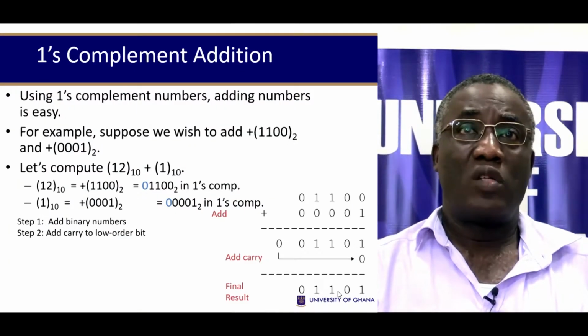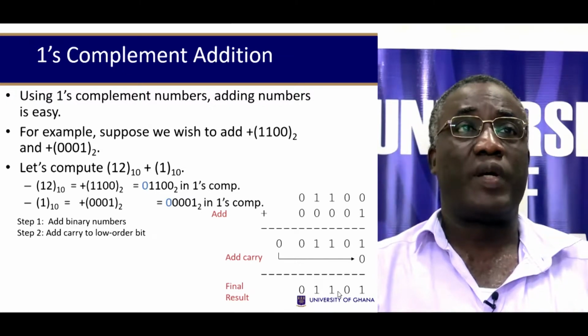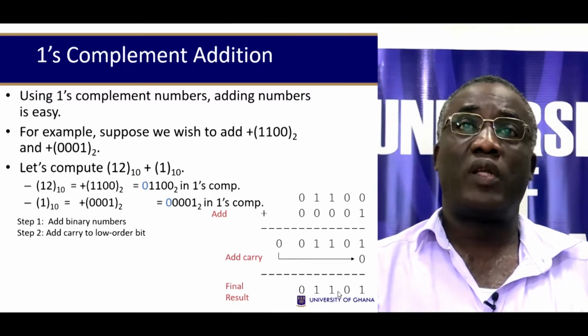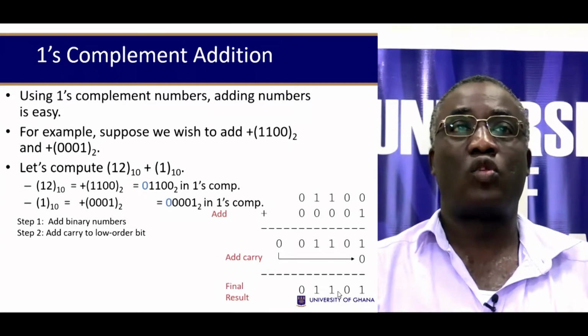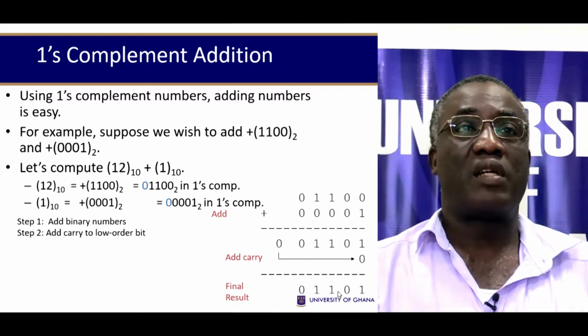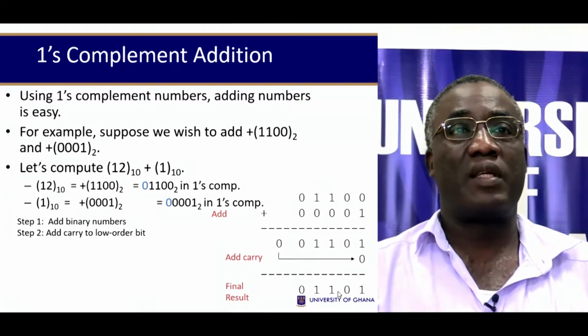Well, if you're using 1's complement, addition is straightforward. Supposing you wanted to add 1100 to 0001, so that 1100 is actually a 12 in base 10, and then the 0001 is a 1 in base 10. So if you add that, your answer should be what? 13, isn't it?